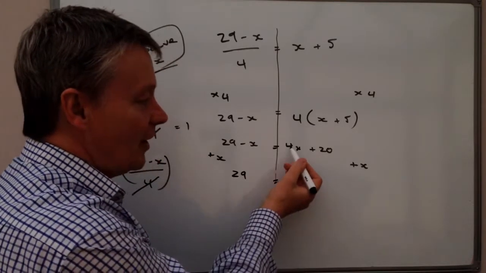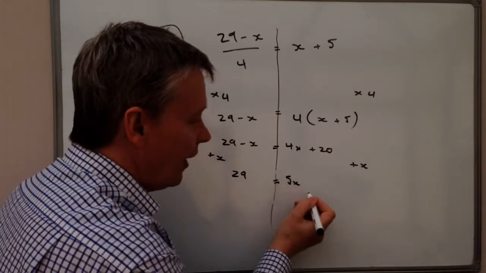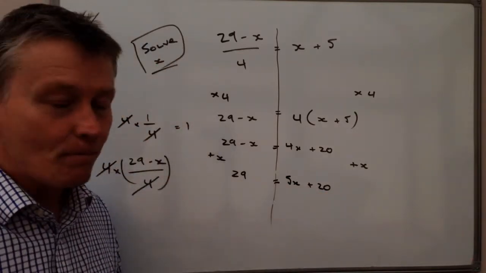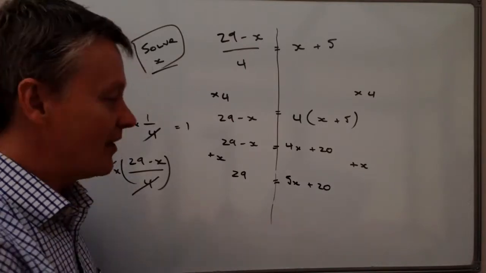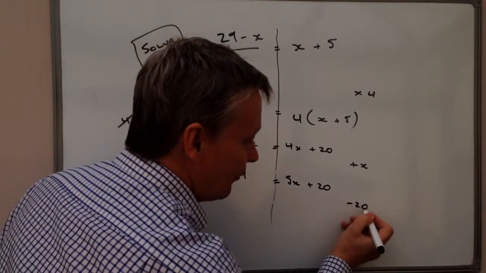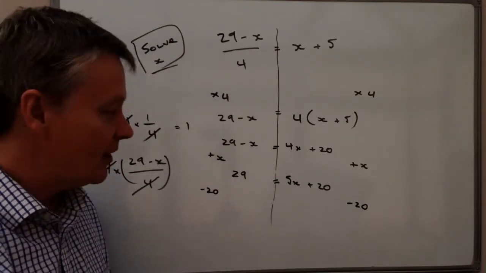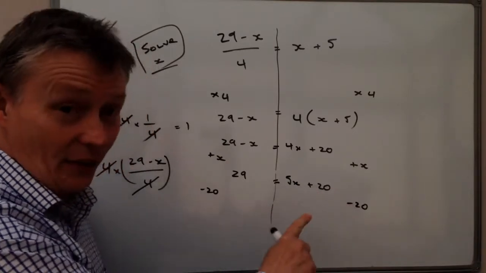On this side, 4x plus x gives me 5x, and I've still got that 20 to deal with, but it's in the wrong place. It needs to be over here. So I'm going to minus 20 from both sides. If I minus 20 from both sides, I get rid of that 20 on that side.